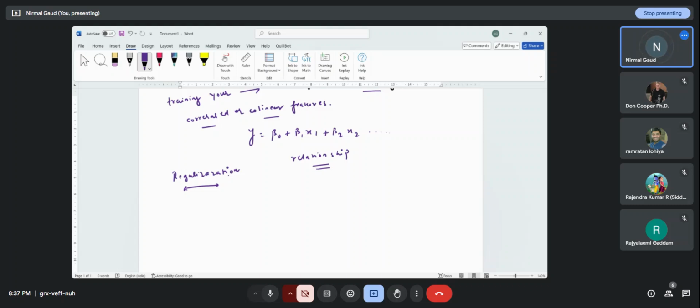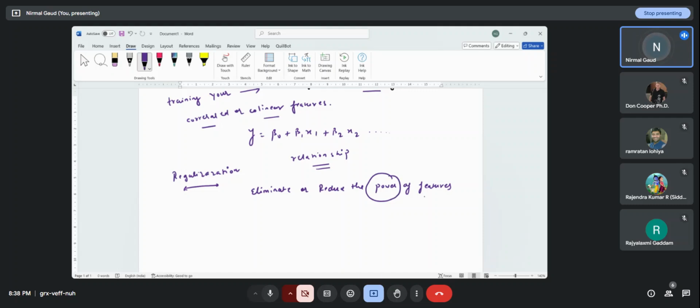So obviously I need to eliminate or reduce the power of features. Power doesn't mean to the power, no. Power is a general term.